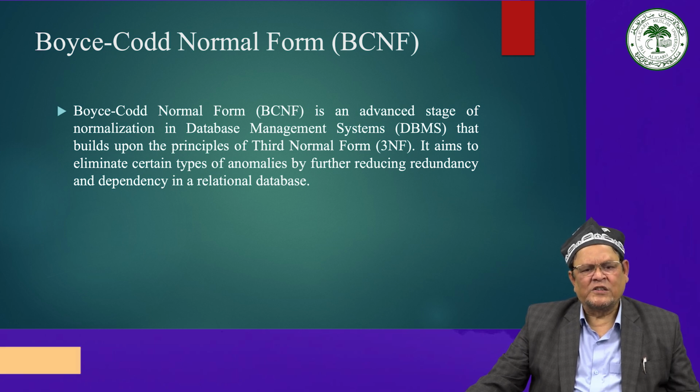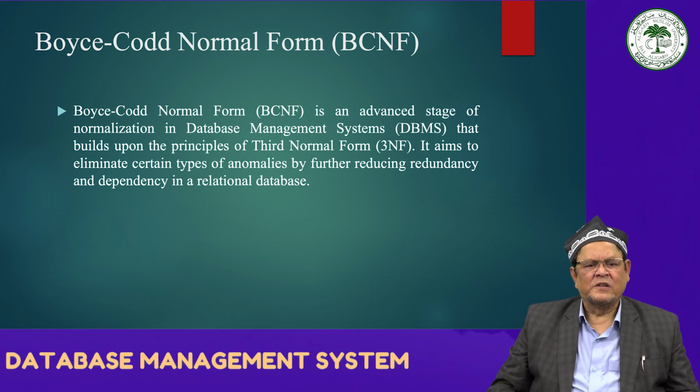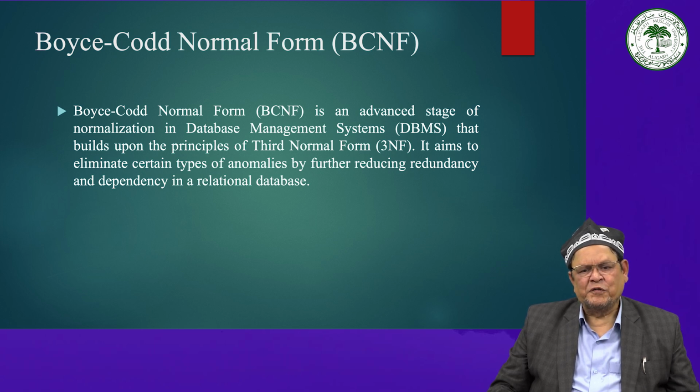Overall, achieving Boyce-Codd normal form enhances data integrity and consistency in the database by minimizing redundancy and dependency. It provides a more robust data model that reduces the risk of anomalies and facilitates efficient data storage, retrieval, and manipulation.